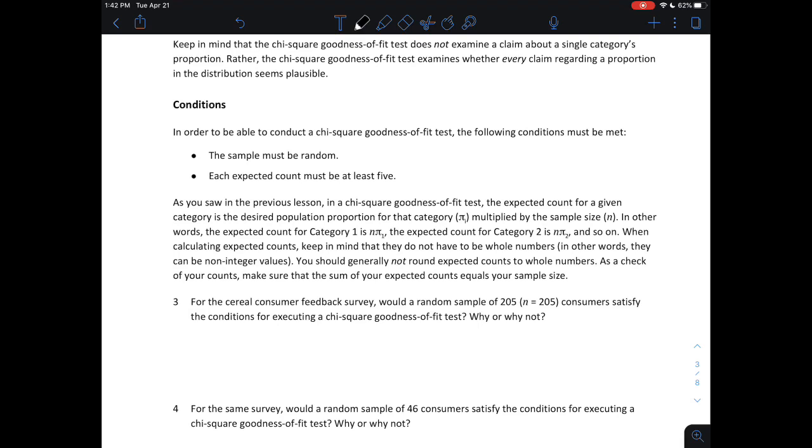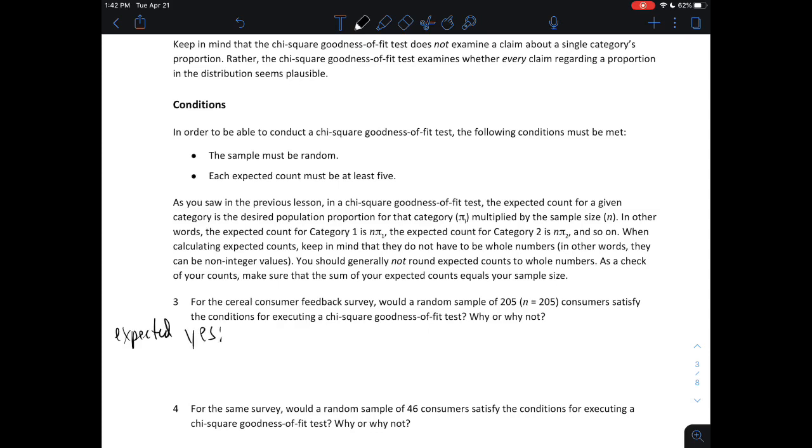So to see how that all works, number 3. For the serial consumer feedback survey, would a random sample of 205, meaning n equal to 205, consumers satisfy the conditions for executing a chi-square goodness of fit test? Why or why not? So let's look at the following. The expected yes.